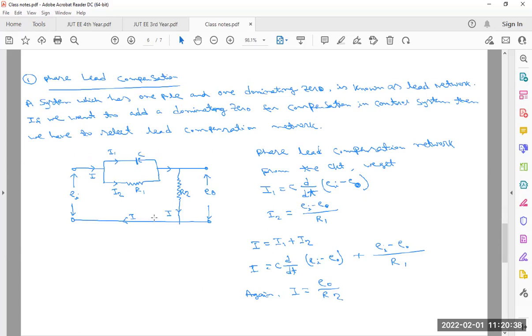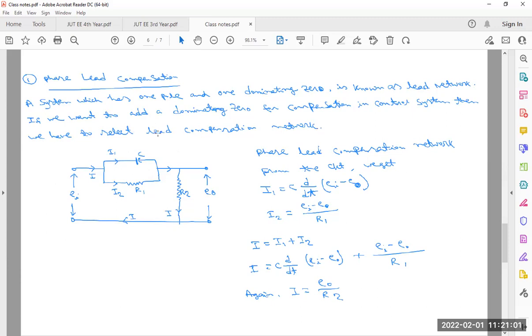A system which has one pole and one dominating zero is known as the lead network. So if we want to add a dominating zero for a compensation network in our control system, then we have to select the lead compensation network.